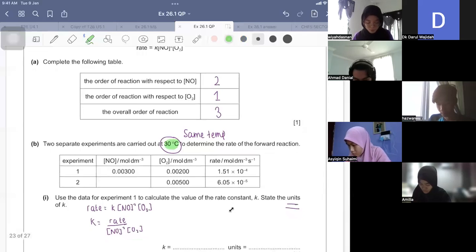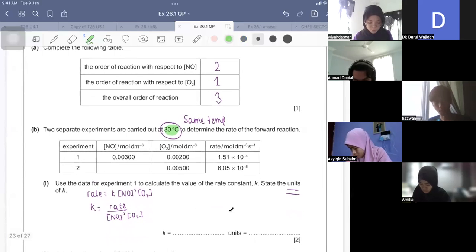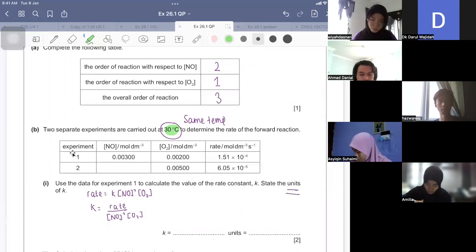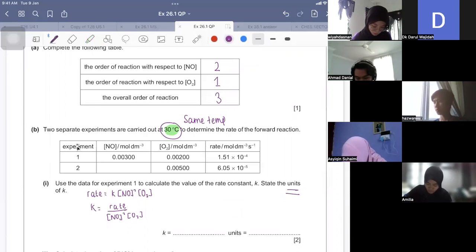So first, in part B1, we want to find the rate constant for this reaction between nitrogen monoxide and oxygen. Once we find that rate constant, we can use the same rate constant to find other information about the second experiment later on. So you should get a value of rate constant 8389 or something around that number.